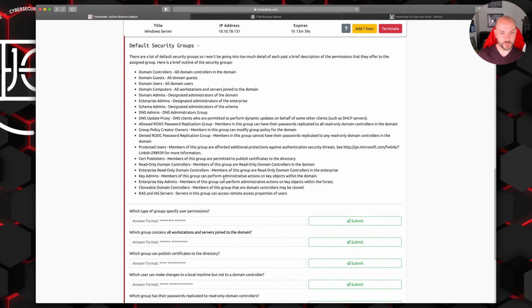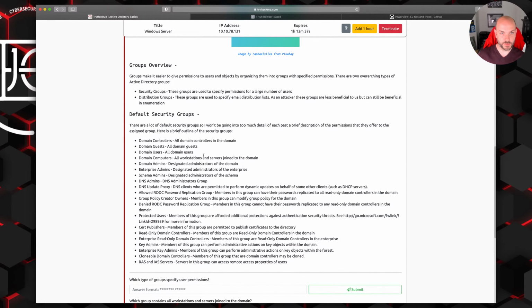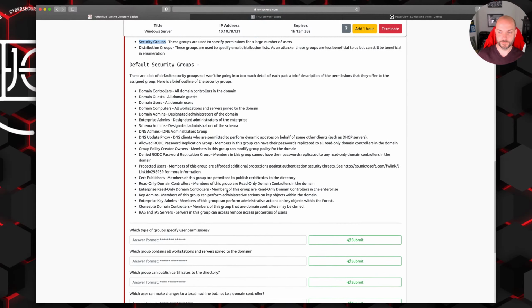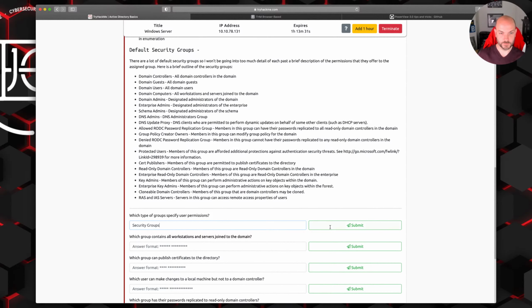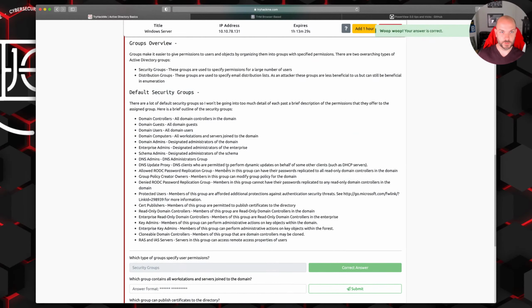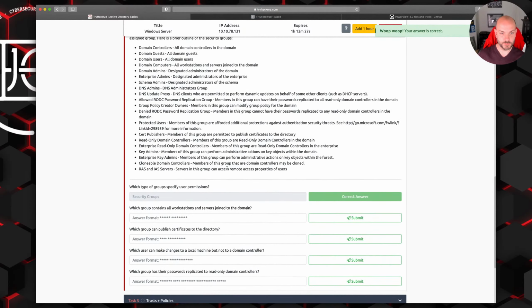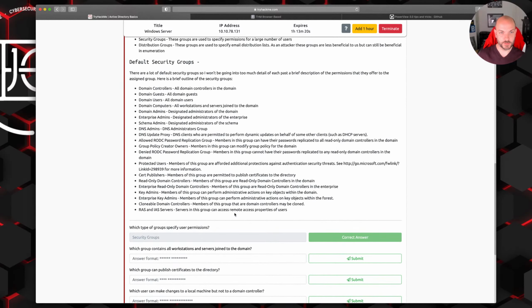All right. What types of groups specify user permissions? We said that was security groups. All right. Which group contains all workstations and servers joined to the domain?